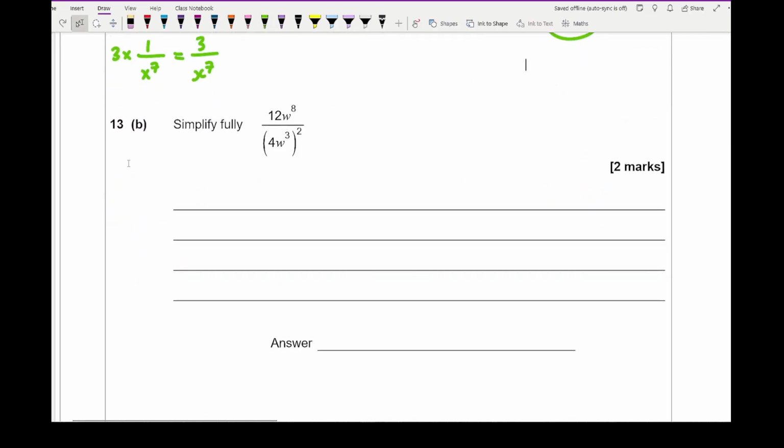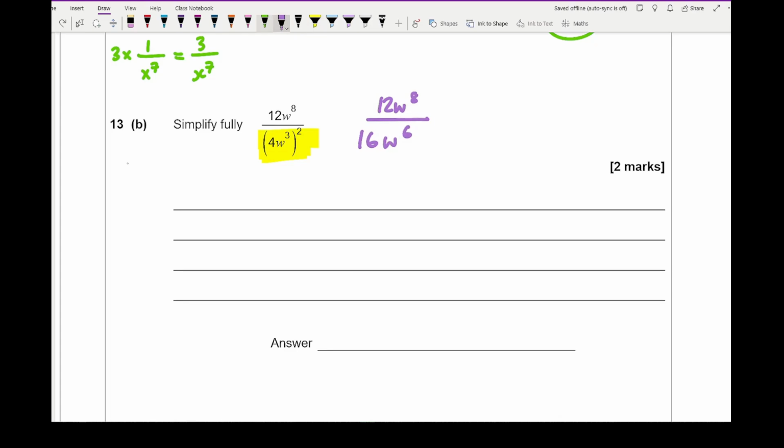Moving on to 13b, it says simplify fully 12w to the power of 8 divided by (4w cubed) all squared. So for this, what we need to do is to simplify the denominator. So what that then becomes is 12w to the 8 over, now we square the numbers so that becomes 16, and then we multiply the powers. So that's going to be w to the power of 6.